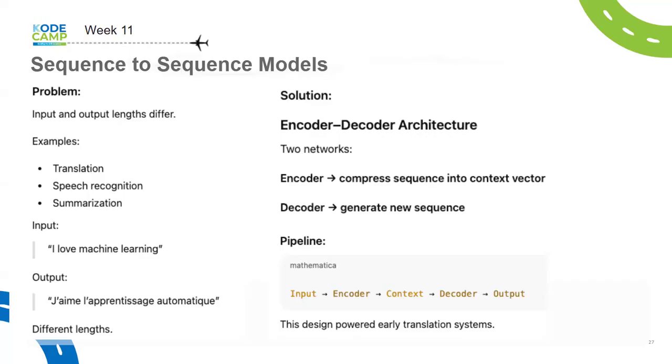When we're talking about the hidden state, that is a representation of what the model has learned about that sequence. That hidden state is sometimes called a context vector, because it is a single vector that represents an entire sequence that came in.